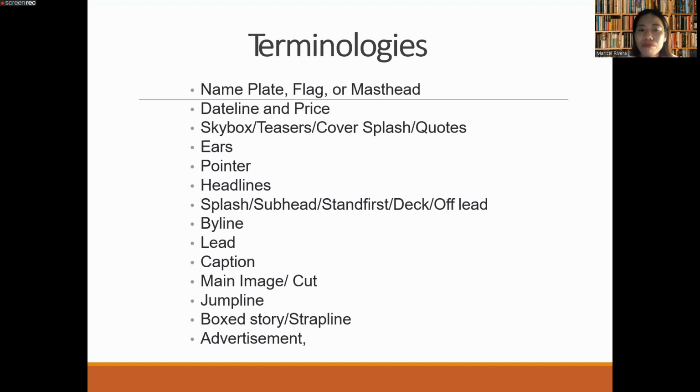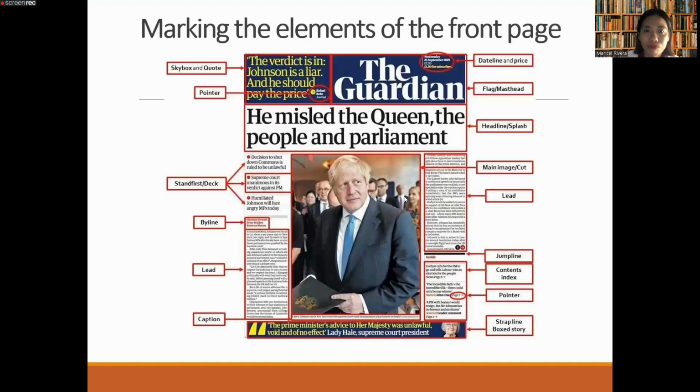And then we do have the byline, the lead, the caption, the main image or the cut, the jump line, the backstory, the straight line, and we have the advertisement. Now let's try to explore each of them.